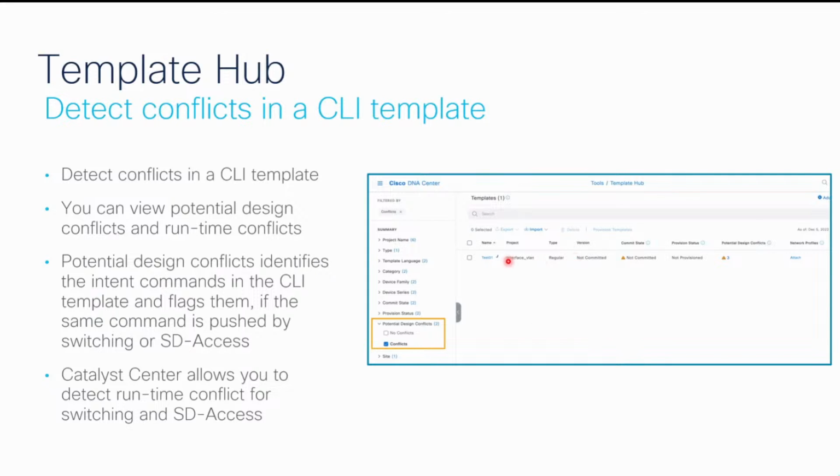So what I can do is click conflicts, and then it'll show me a template that has some conflicts, and then I can click test 01, which is the name of the template. It's going to take me over to the actual template itself, which is going to allow me to review the potential conflicts that will happen before I actually deploy it to a network device.